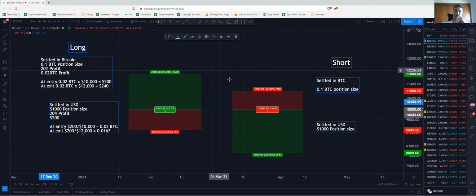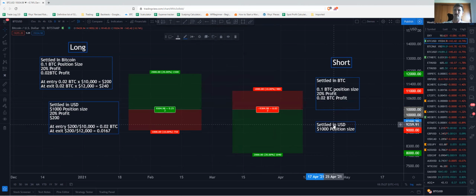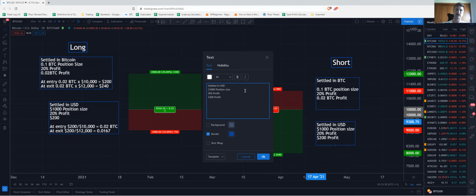Now, if we look at the opposite, so we're going short, we look at the settled in Bitcoin option. Same thing, 0.01 position size, 20% profit gives us a 0.02 BTC profit, so that's all good. On the USD front, $1,000 position size, 20% profit is $200 profit.